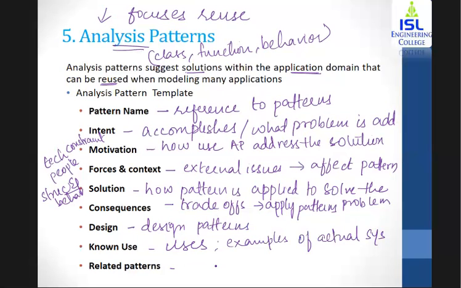That is going to have the related text according to your syllabus. So those are your related patterns, the similar ones that are identified.